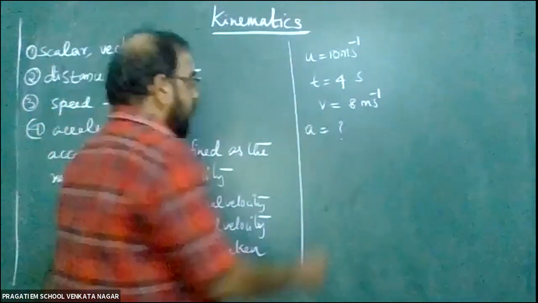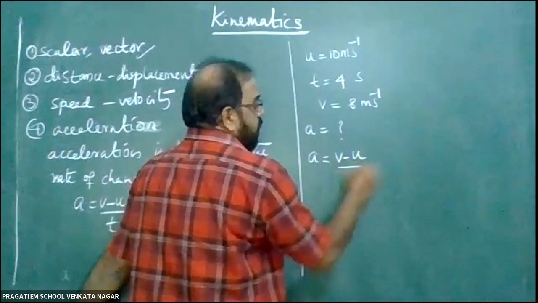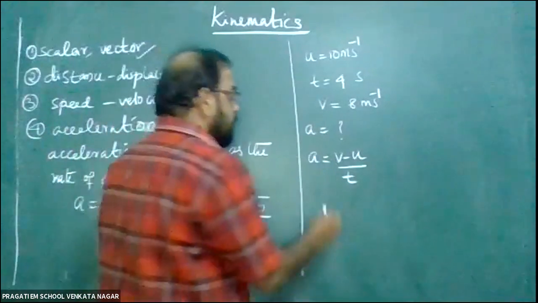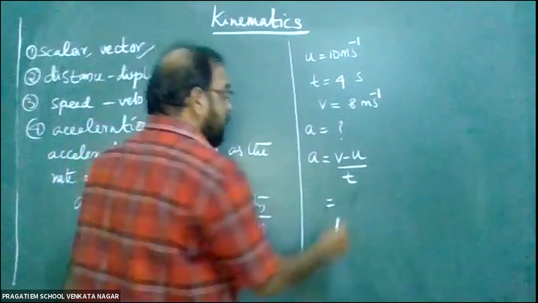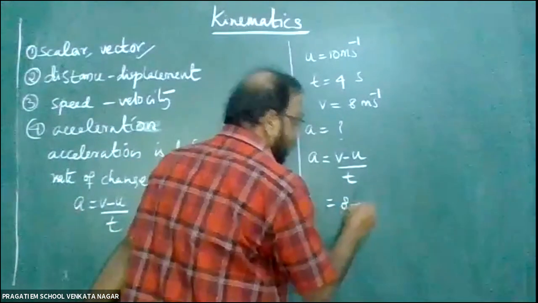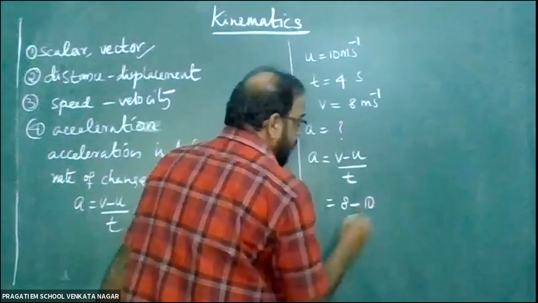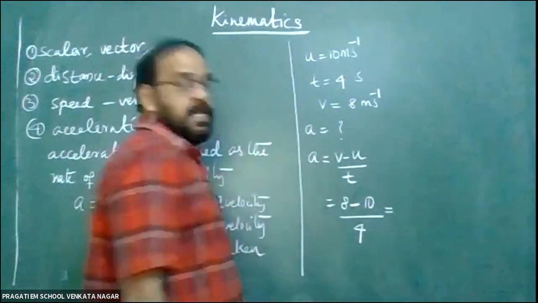So let us find the acceleration: a is equal to v minus u by t, is equal to, what is the final velocity? 8, minus what is the initial velocity? 10, by 4 seconds. So what is 8 minus 10?